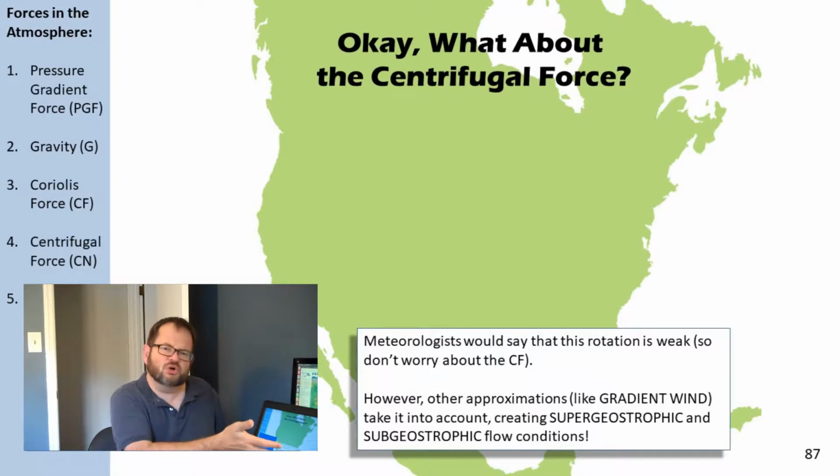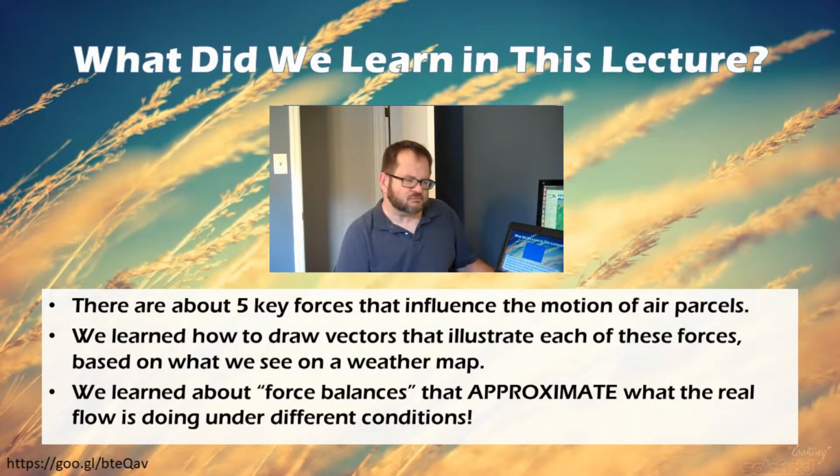We're going to actually use these words supergeostrophic and subgeostrophic at a later point in the course, and this is where your book introduces those terms. Winds that are going faster than is explained by geostrophic balance are supergeostrophic winds. Winds that are going slower than would be explained by geostrophic balance are called subgeostrophic. Just sort of put a paperclip on that page or whatever, because we will need those terms again later in the course.